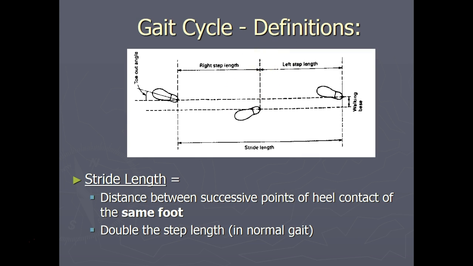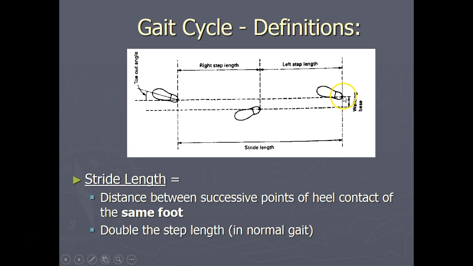Okay. Last but not least is the stride length, and that's the distance between successive points of heel contact on the same foot. So again, your stride length is the heel of one foot and the heel of that same foot when it touches the ground. So again, we've got stride length here, and then we have step length here, right?